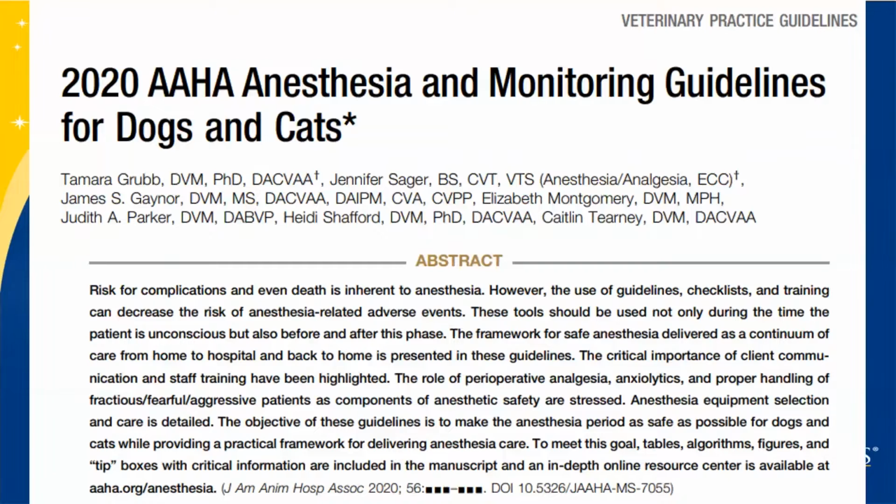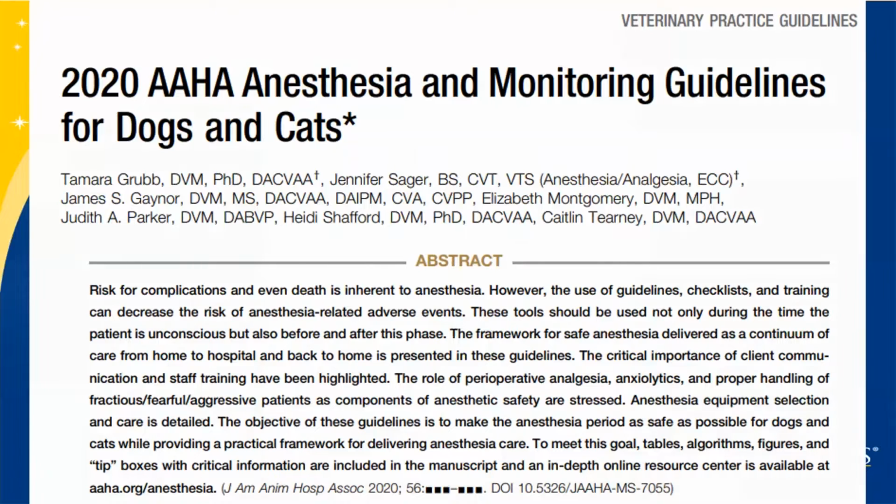The AHA recommendations show that it's a collaborative effort between several anesthesiologists, as well as other veterinary practitioners and technicians as well.